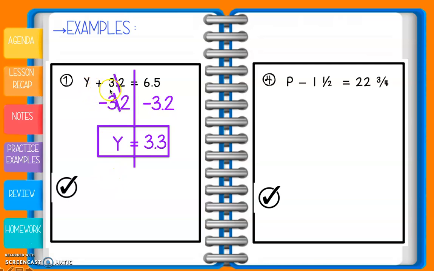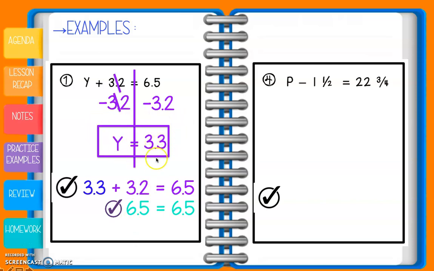So instead of y plus 3.2, we're going to do 3.3 plus 3.2, and we're going to see if that's equal to 6.5. So all I have to do is plug this into my calculator, 3.3 plus 3.2, and I get 6.5 is equal to 6.5. Since that is a true statement, we know that our solution of 3.3 is correct, that it's good, that it's perfect.